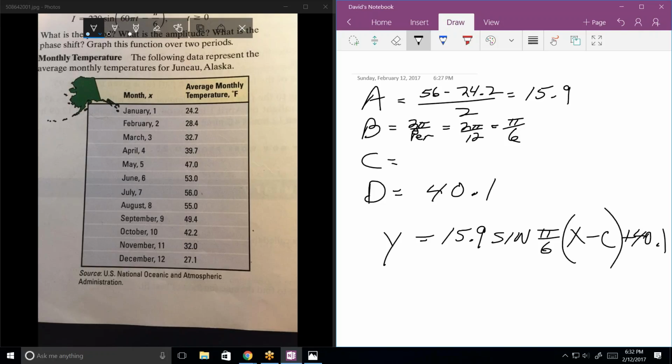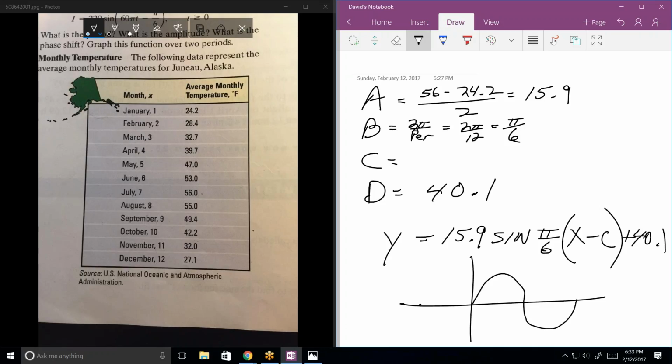The problem is that the sine curve looks like this. In other words, our table starts at the low and then goes up to the high and then comes back down to the low.